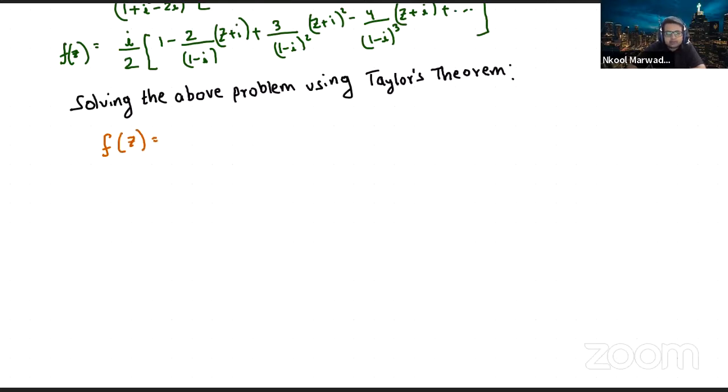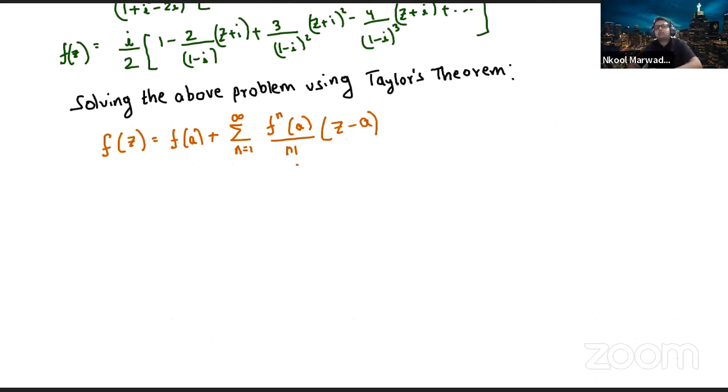f of z is equal to f of a plus summation of n is equal to 1 to infinity, f of n, the nth derivative of the function at point a, upon n factorial, then multiplied by z minus a to the power of n.